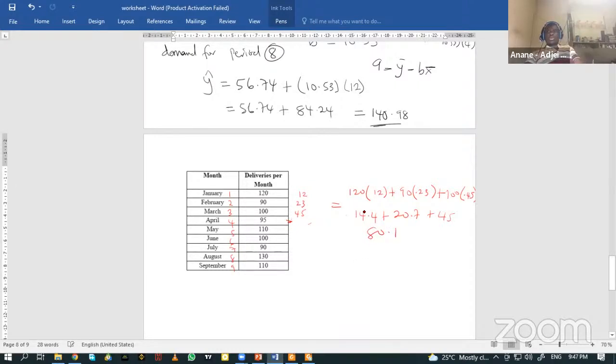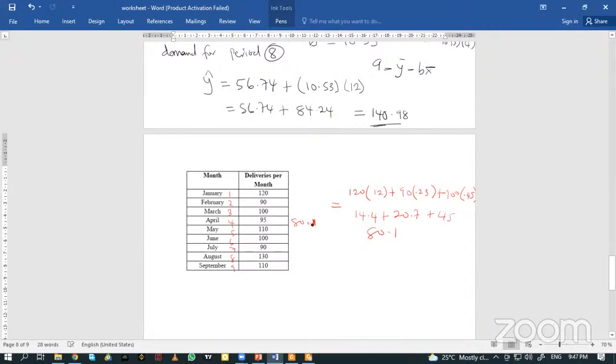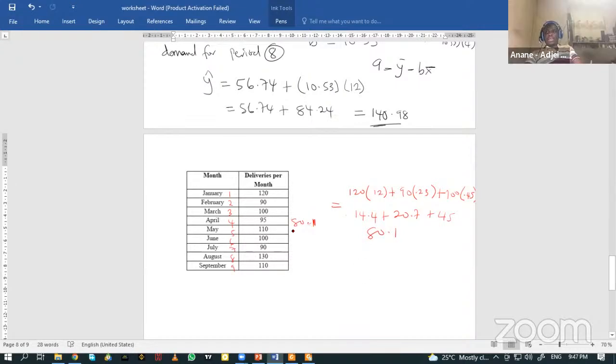So what it means is that our forecasted value for the fourth month is 80.1, using the weighted moving average. I hope you are with me. If we are to calculate for May, the immediate past month is going to be April.